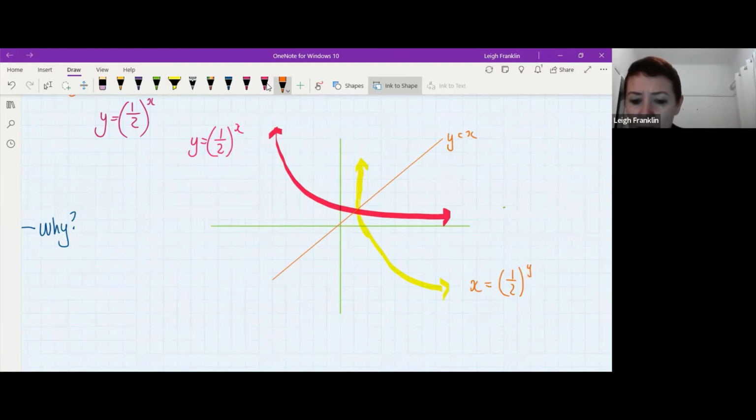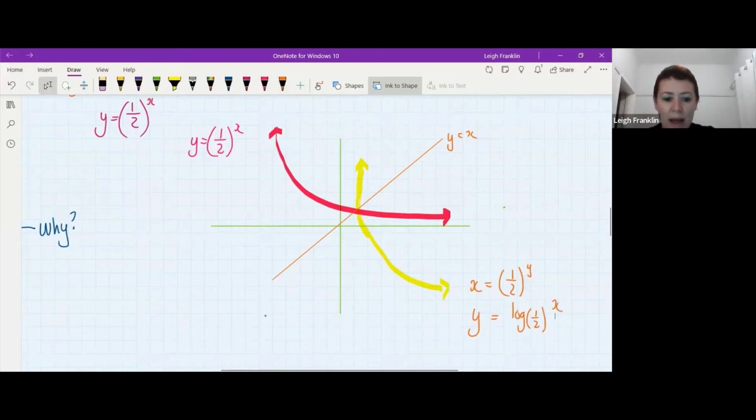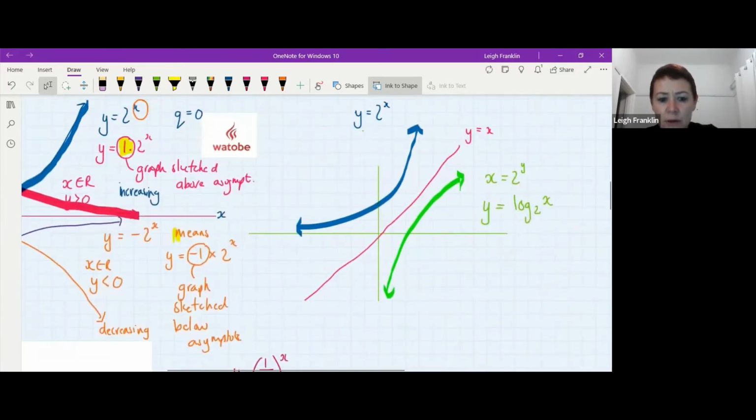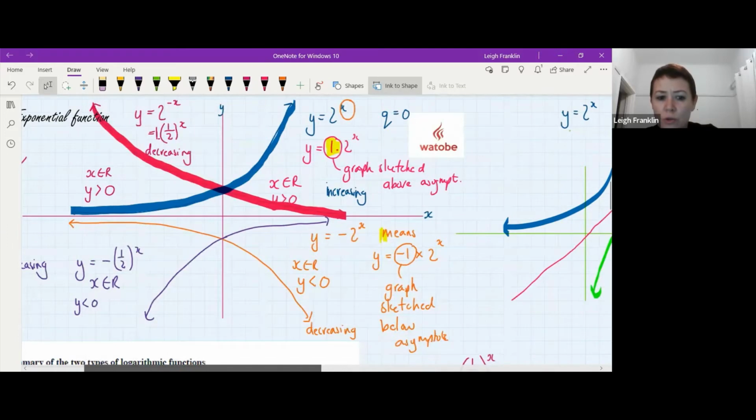We want to make y the subject of the formula, so y equals log, our base is now a half, to the x. And again, if I just take you back to the diagram that I drew earlier, you can see that that yellow graph is vastly different from either the orange or the purple.